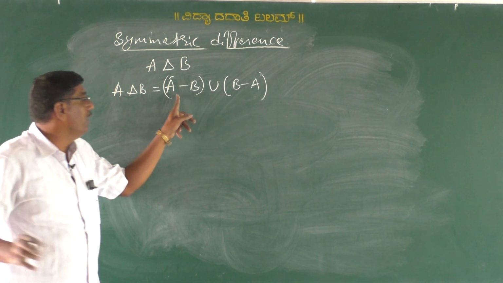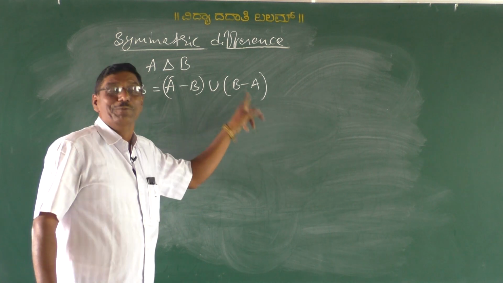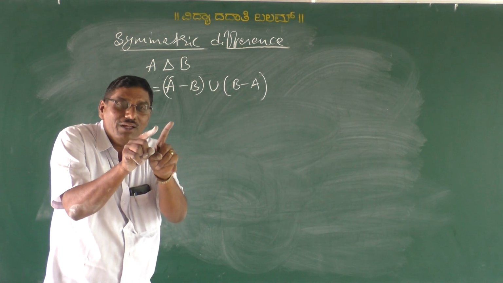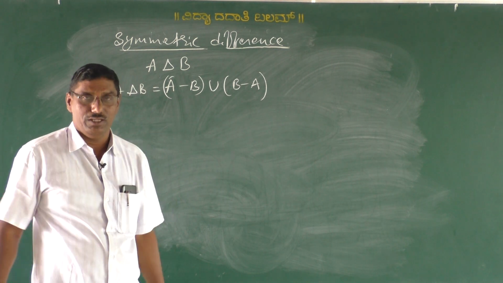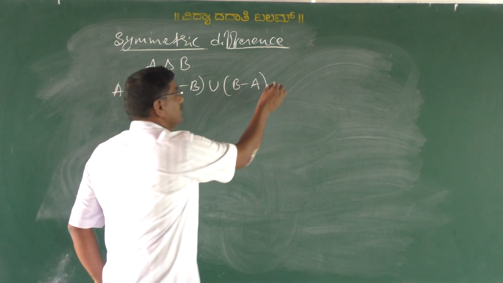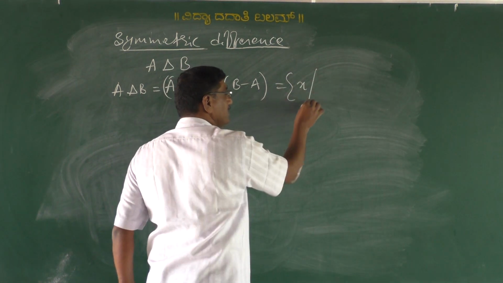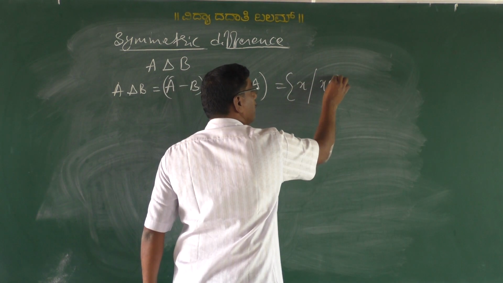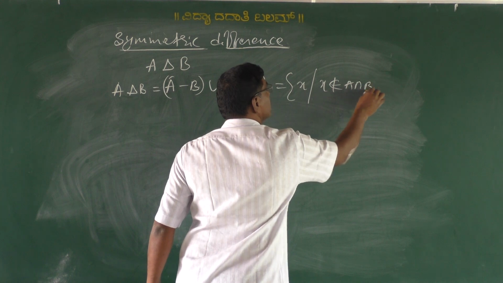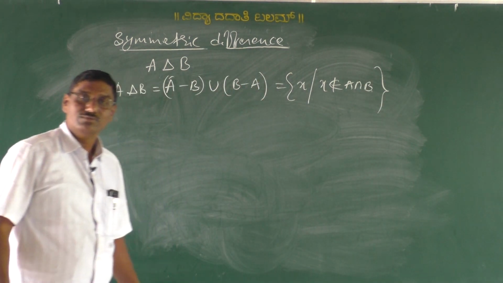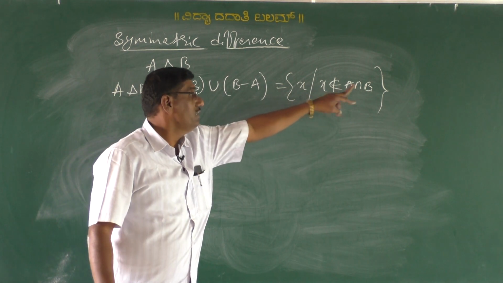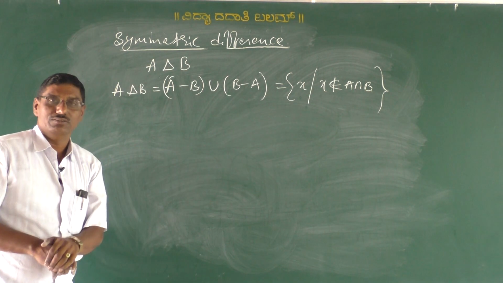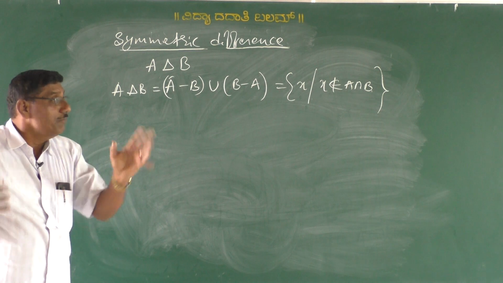A minus B union B minus A, that is the union of A minus B and B minus A, which means the set of all x such that x does not belong to A intersection B. That's all. Set of all x such that x does not belong to A intersection B. And there are no common elements.